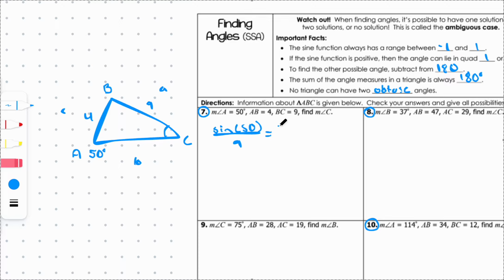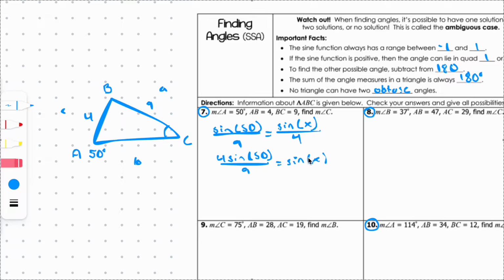Okay, so I'm going to say sine of x, since we're solving for that angle measure, over 4, right? And now I'm going to multiply both sides by 4 so I can get sine of x by itself. So I end up getting 4 sine of 50 over 9 equals sine of x.